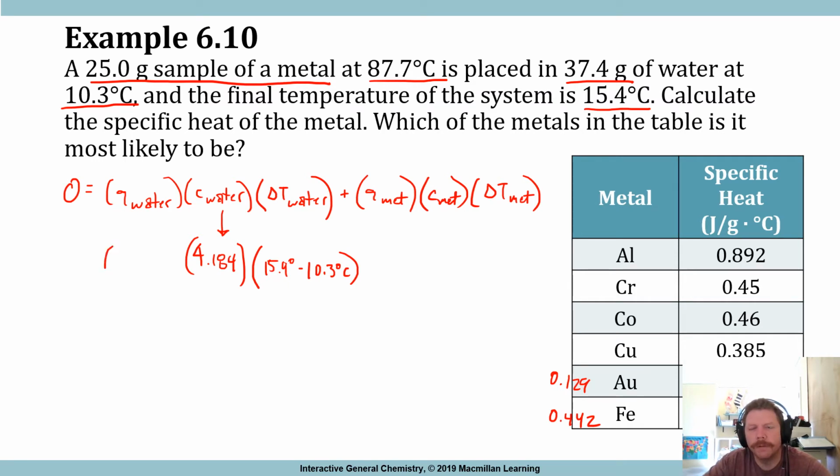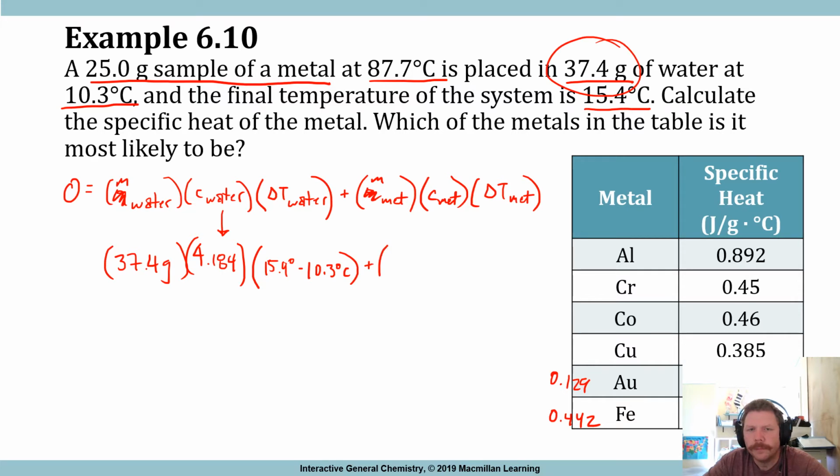Now, for Q of our water, we need m, the mass of our water. We know the mass of our water was 37.4 grams. So we have everything that we need to consider the heat change of the water.